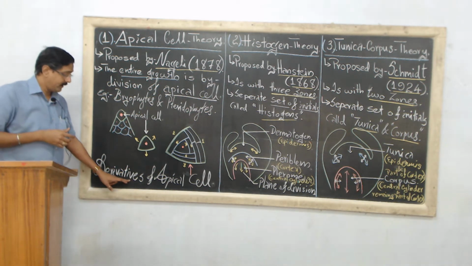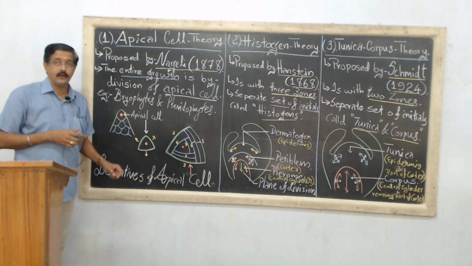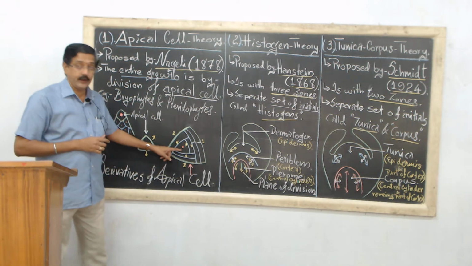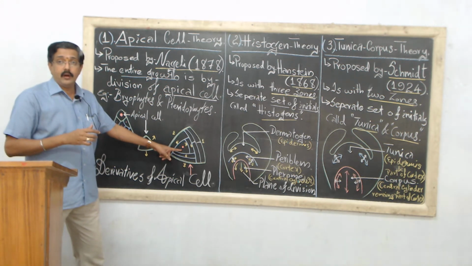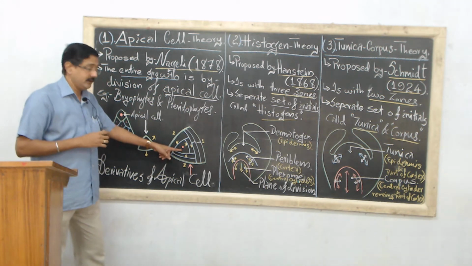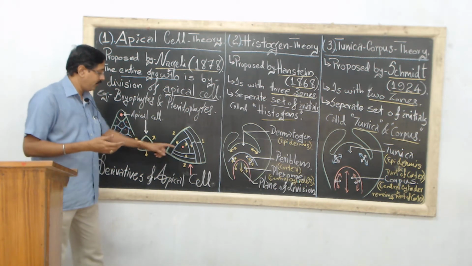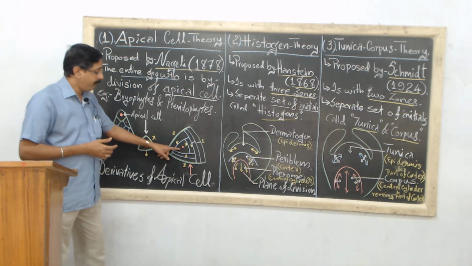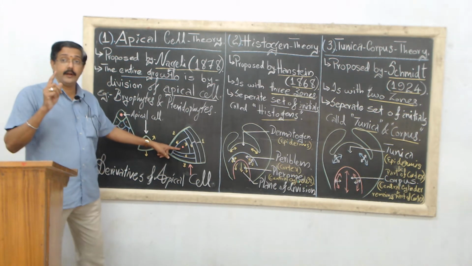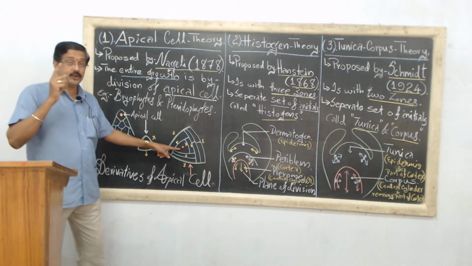This continuous division of a single cell from the apical meristem is mentioned as the apical initial.